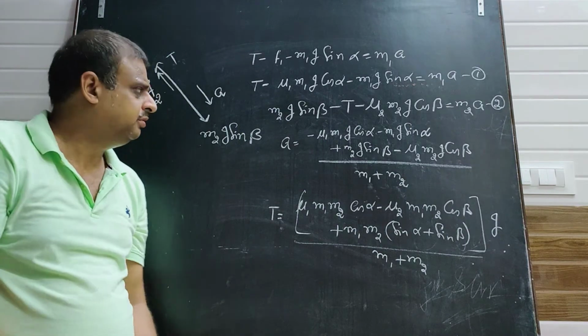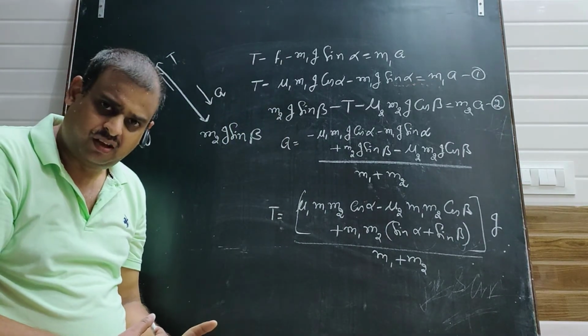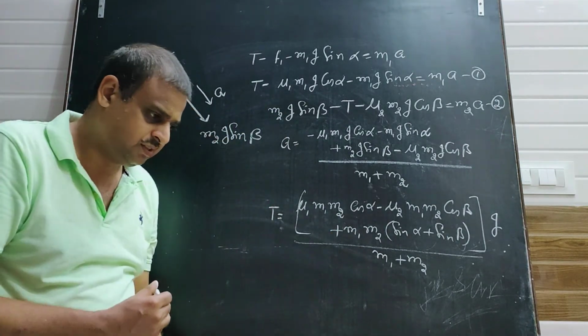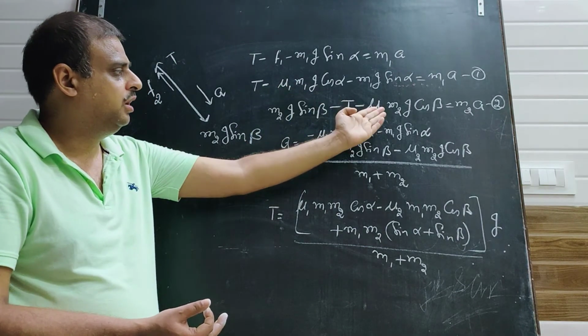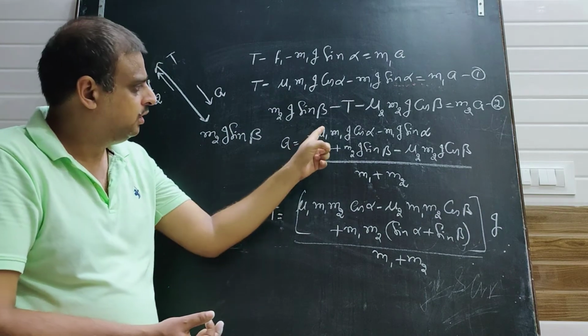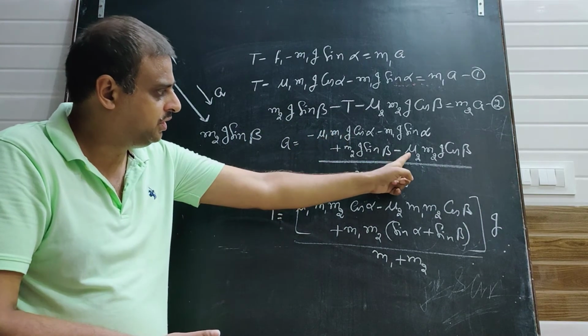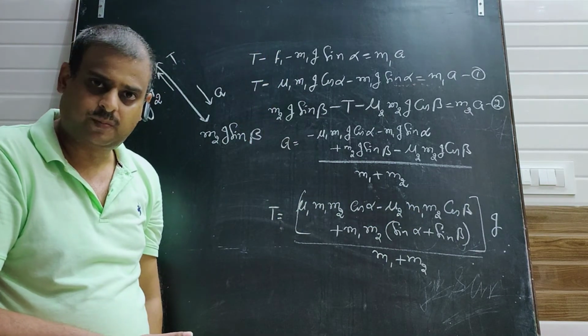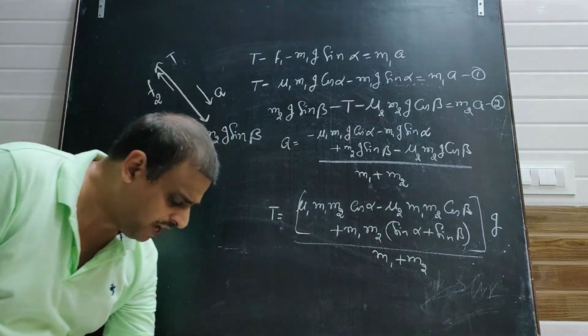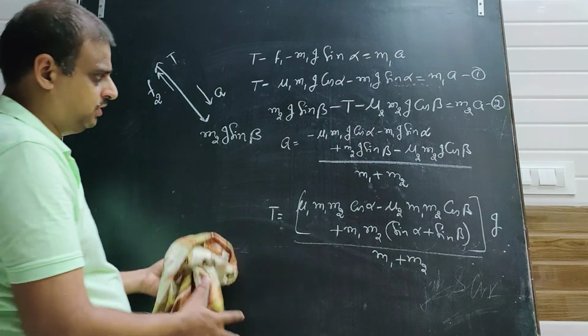Suppose we have frictionless track. Both the tracks are frictionless, and for that F1 will be 0, F2 will be 0, and these terms will be 0. And we will have very simple equations.